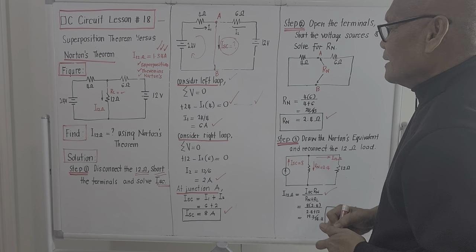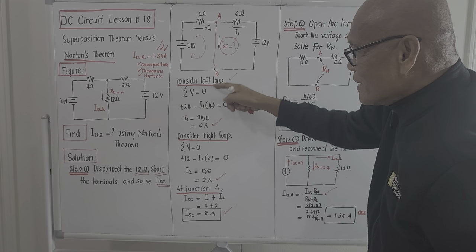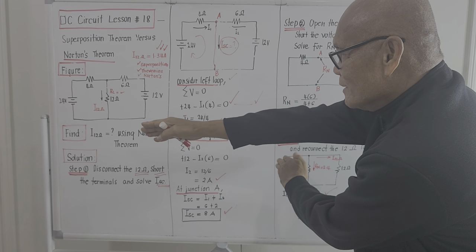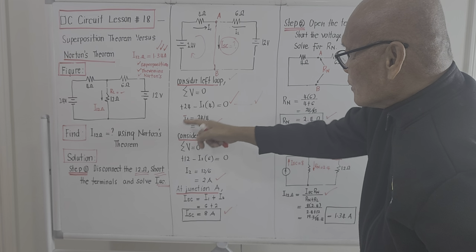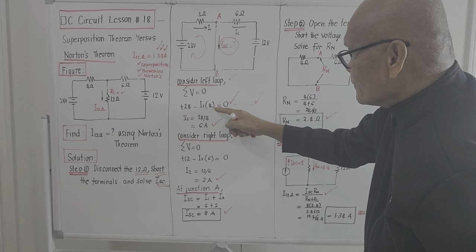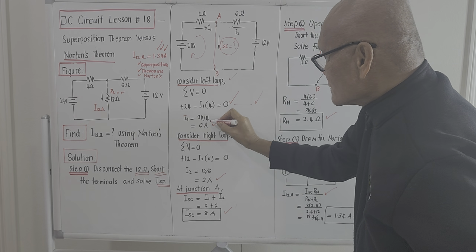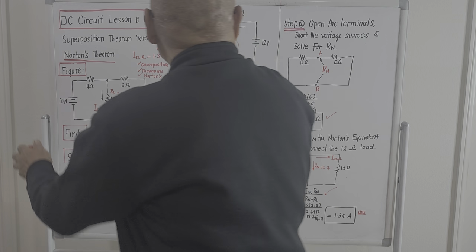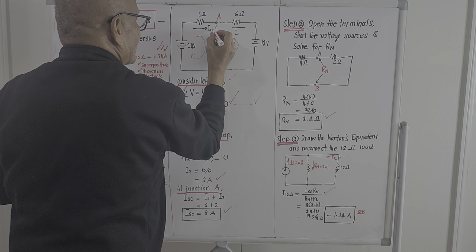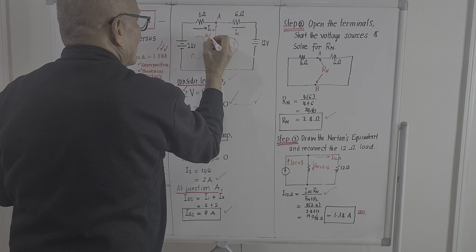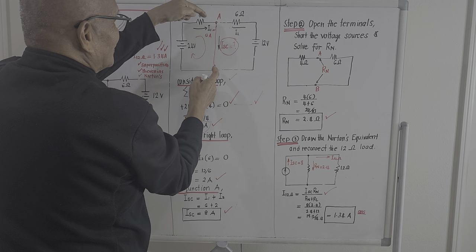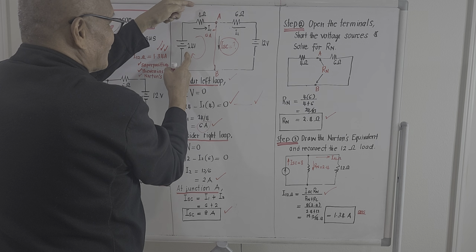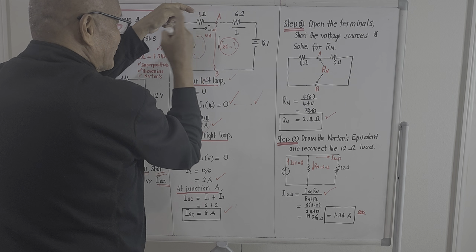We transpose this to the right, so it becomes plus. Then we rearrange. I sub 1 will be 24 divided by 4, and that will be 6 amperes. When this terminal is shorted, the current coming from the 24 volt source is 6 amperes.